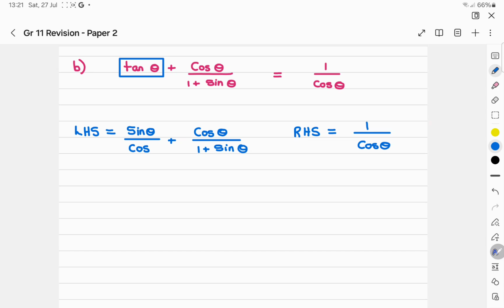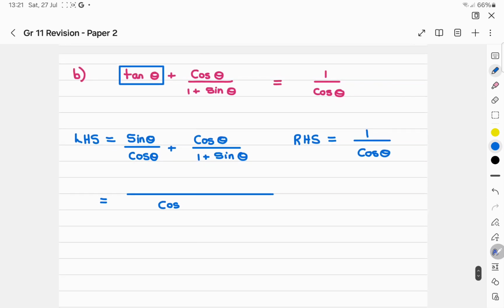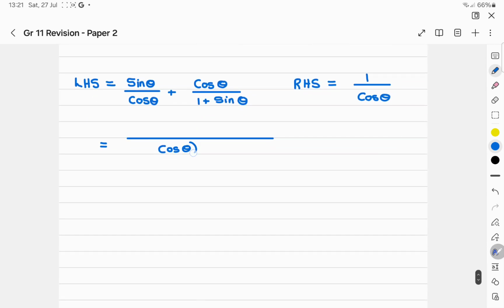Okay, and now we need to bring it together with a common LCD, because we want to make it one term. So we want to change it so that we've got a cos theta times 1 plus sine theta.